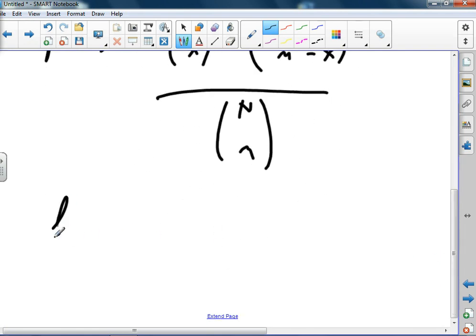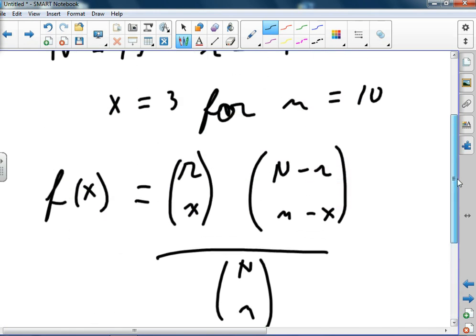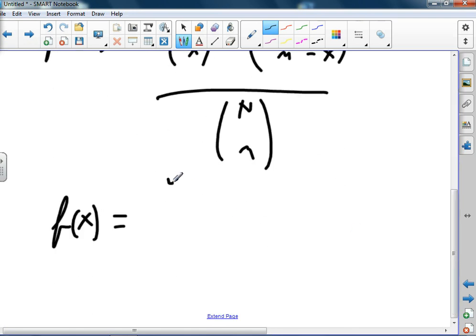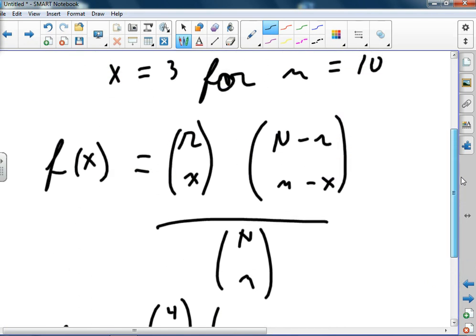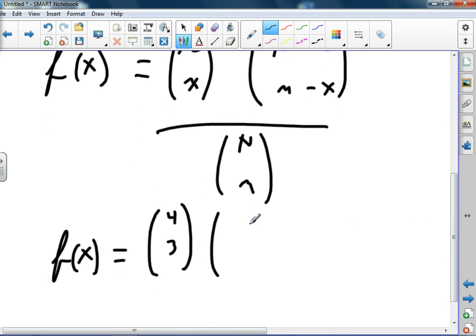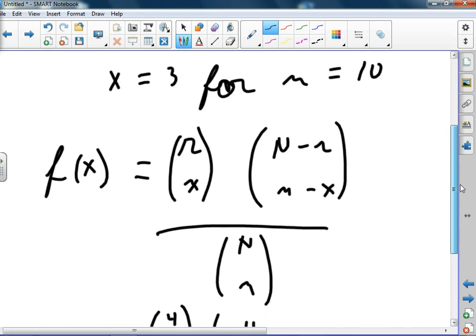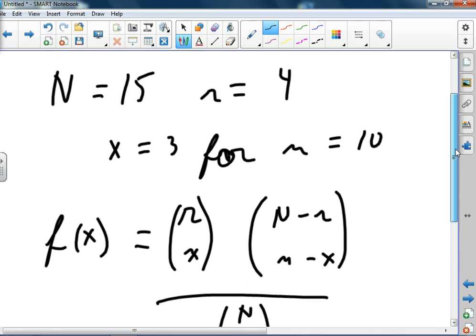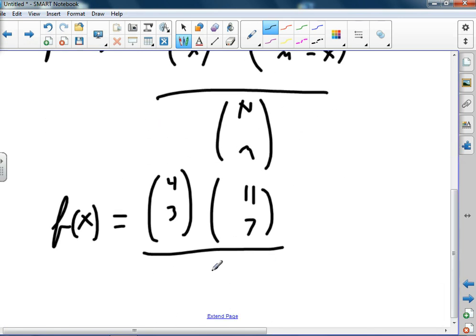Little r is 4, so I have 4 things taken 3 at a time, times capital N, 15, minus 4 is 11, little n minus x is 7, divided by capital N, 15, little n, 4.